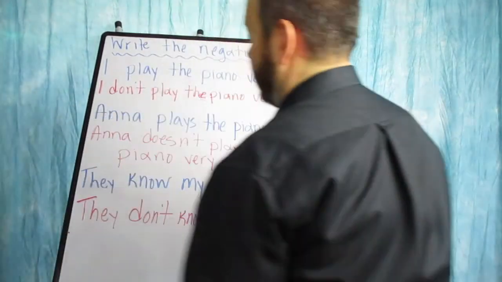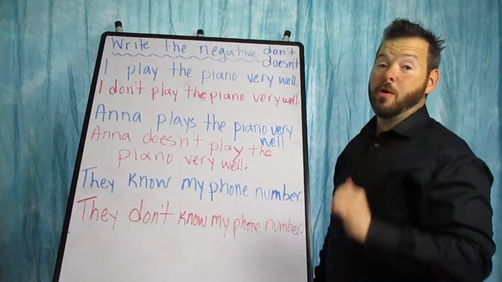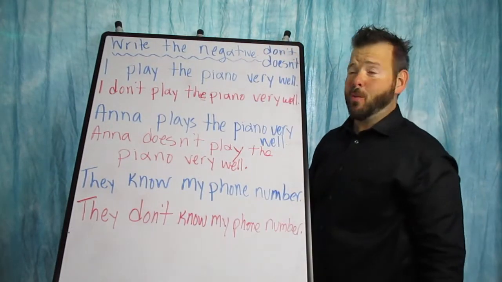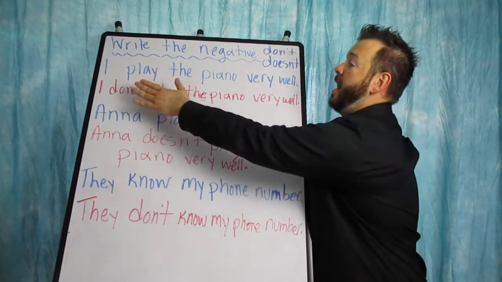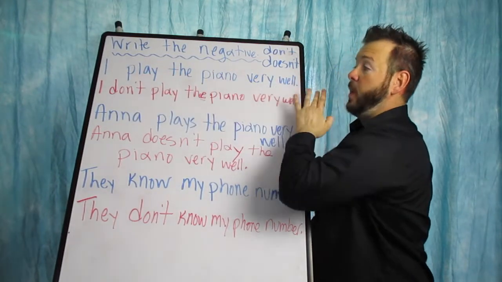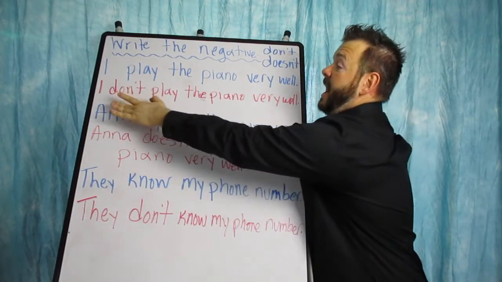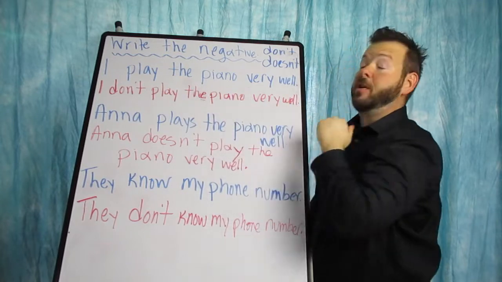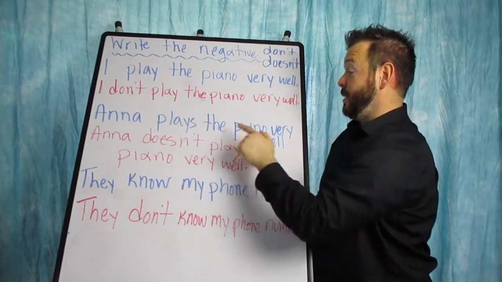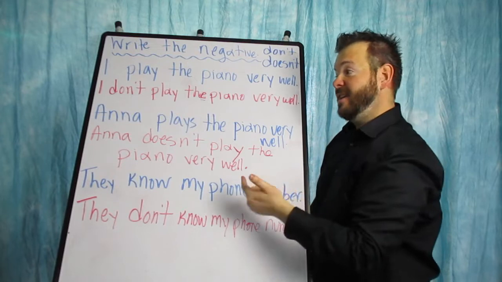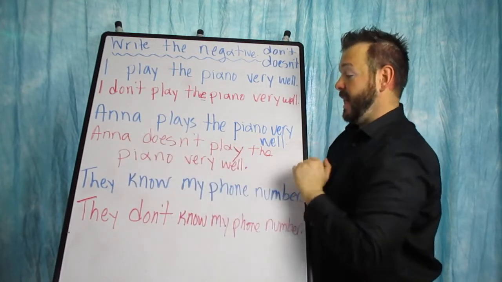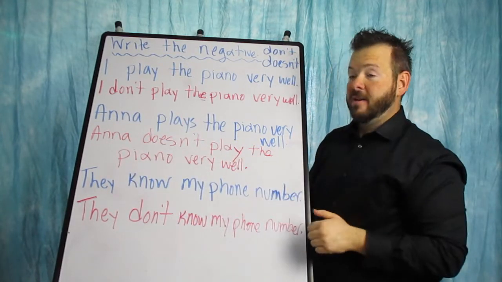So, they don't know my phone number. Let me read this for you one more time. I play the piano very well. In negative is, I don't play the piano very well. Anna plays the piano very well. In negative, it's Anna doesn't play the piano very well.